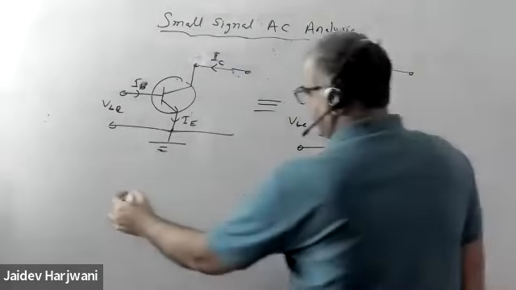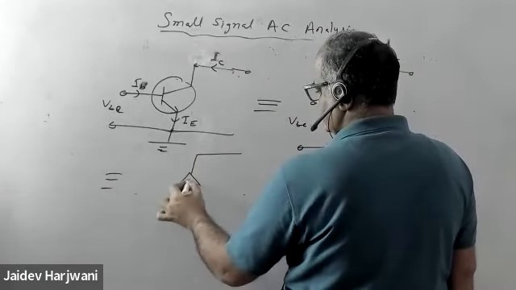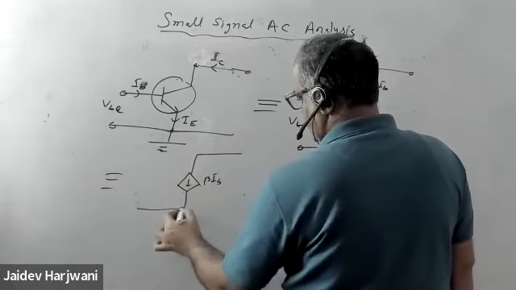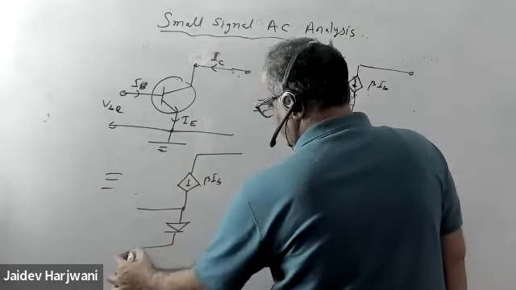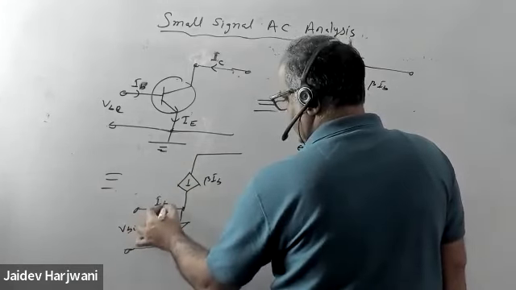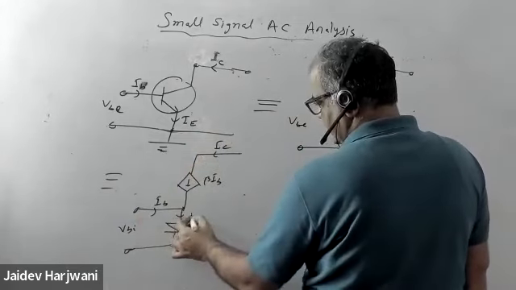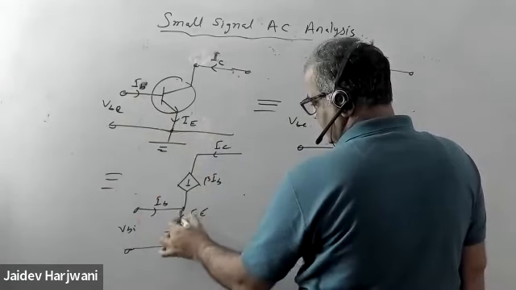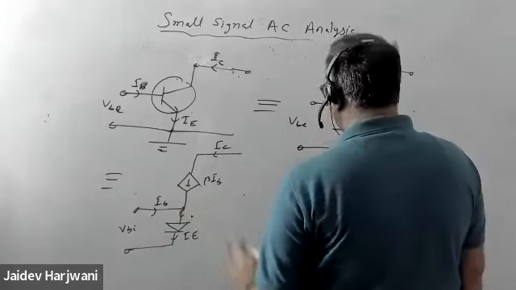You have a source beta IB, and then you have IB, IB, and here beta IB, IC is coming, and this current is your IE. This current is coming through this one, which is a resistance. This is your IE. So this current is combining.